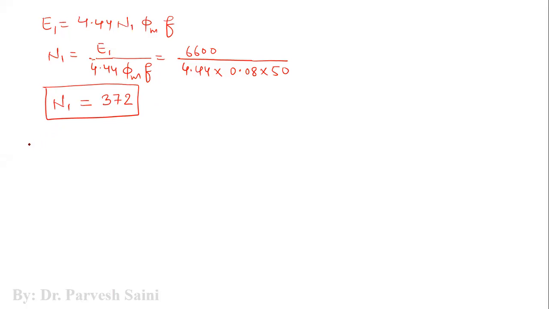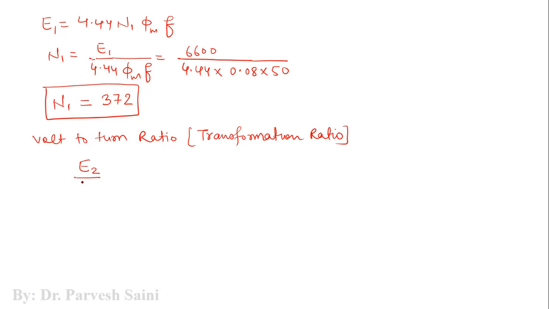Now we can also find out the value of N2 either by using the same formula, or we can use the volt to turn ratio here, which is also known as transformation ratio. So E2 by N2 is equal to E1 by N1. We have to find out N2 here.